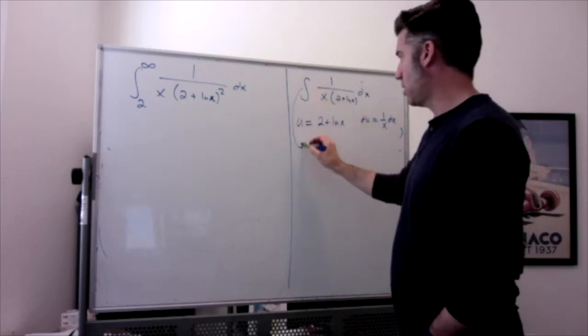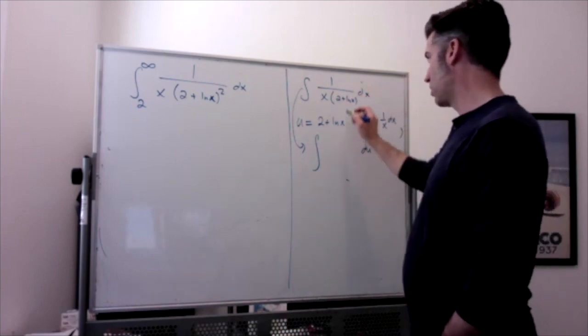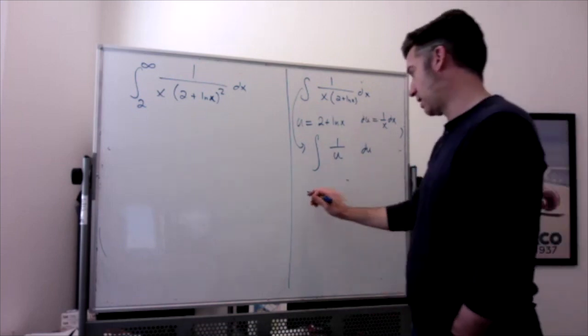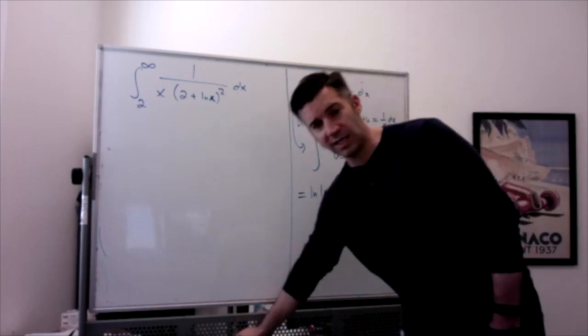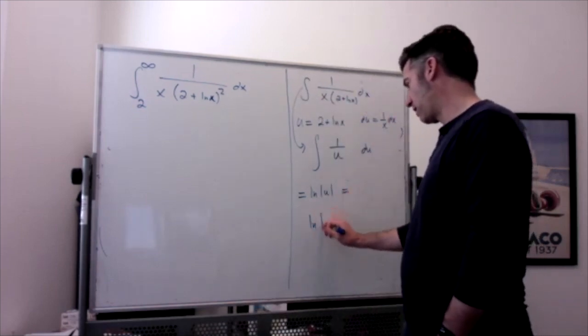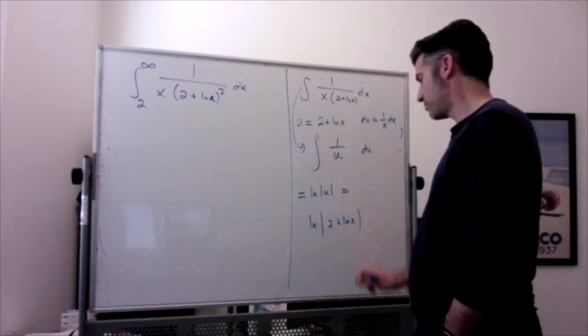So this is going to become the integral of 1 over u. The integral of 1 over u is the natural log of the absolute value of u. I don't really need the plus c. And then that's going to be the natural log of the absolute value of 2 plus natural log of x.